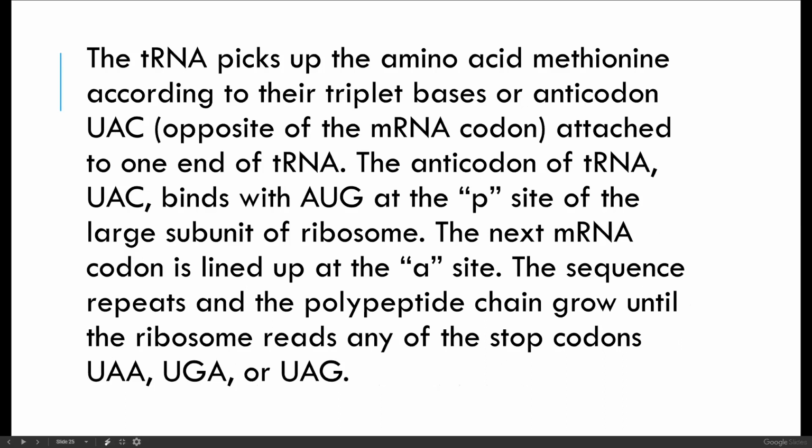The tRNA or the transfer RNA picks up the amino acid methionine according to their triplet bases or anticodon. Again, tRNA picks up the amino acid methionine. Methionine is your starting codon, right? Initiation codon.